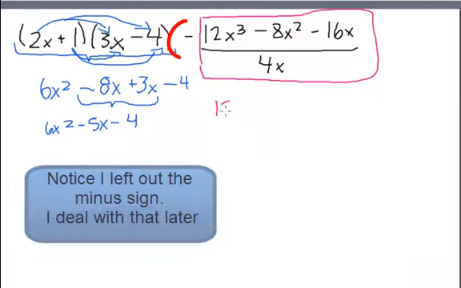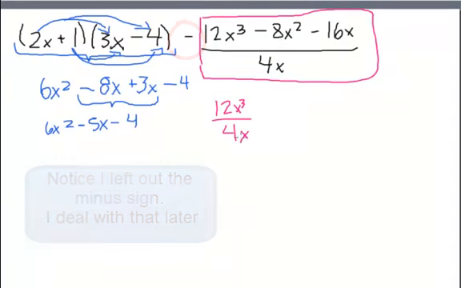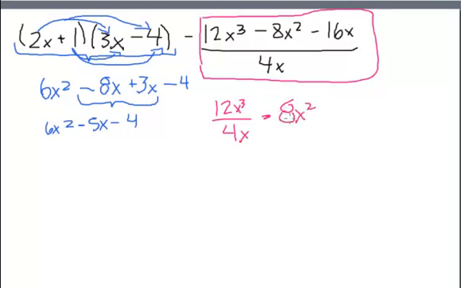So I'm going to break this up: 12x³ divided by 4x, negative 8x² divided by 4x, then negative again, 16x divided by 4x.